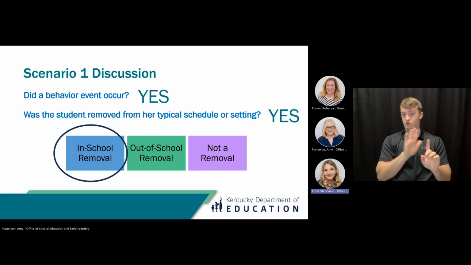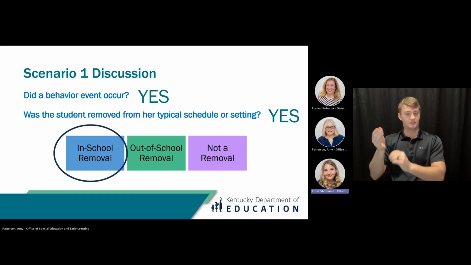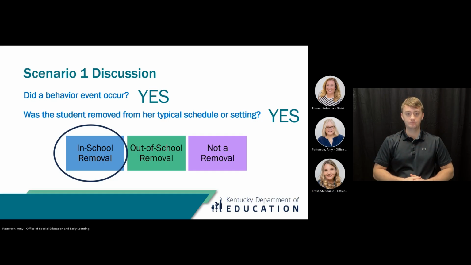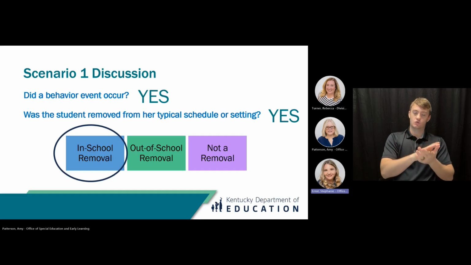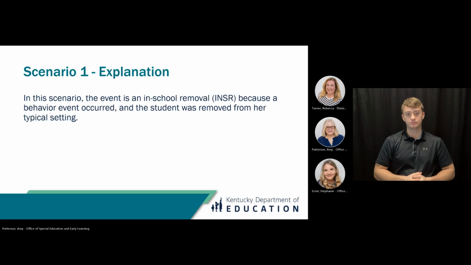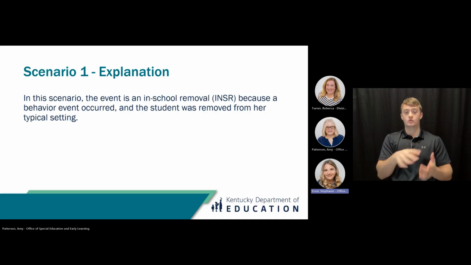The student finished her assignment in the principal's office. So this is in-school removal. In this scenario, the event is an in-school removal, INSR, because a behavior event did occur and the student was removed from her typical setting.